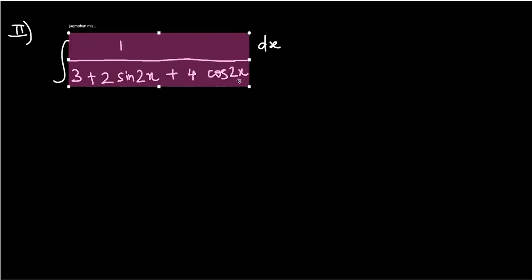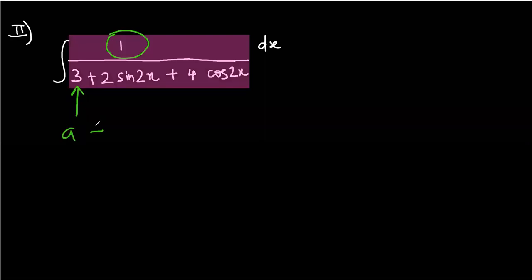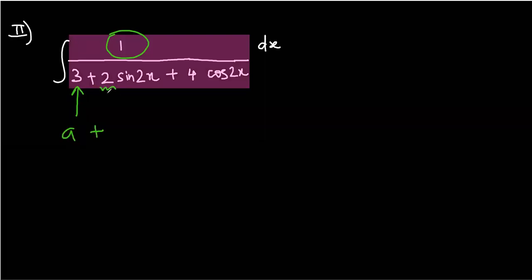In this, you notice that in the integrand, the numerator is 1 as it is required for the type. Numerator is 1 and the denominator is in the form c plus a sine, oh, this time it is 2x.